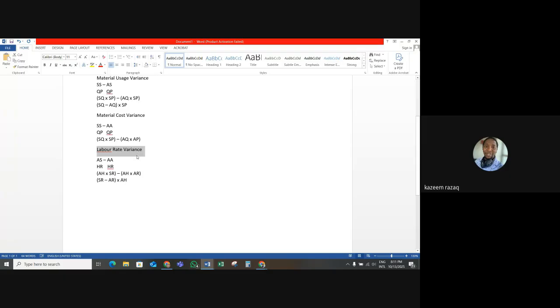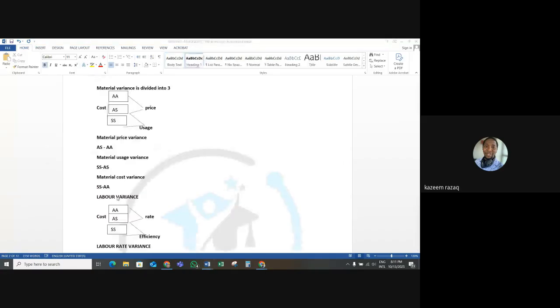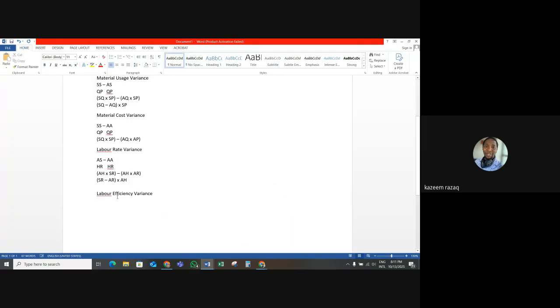The next one we'll be having is labor efficiency variance. That one will give us SS minus AS, right? And this one also uses HR, which is hours and rate. So what do we have? Standard hour multiplied by standard rate, minus actual hours multiplied by standard rate.